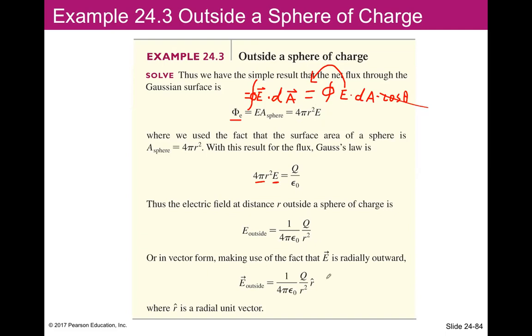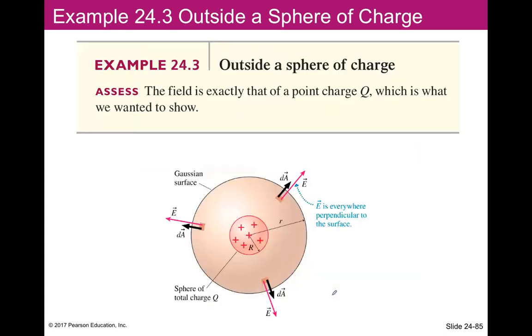And here you calculate a vector. The direction is always radially outward. Let's use r hat to stand for a radial unit vector. So that's the way of solving for the electric field outside a spherical charge distribution.